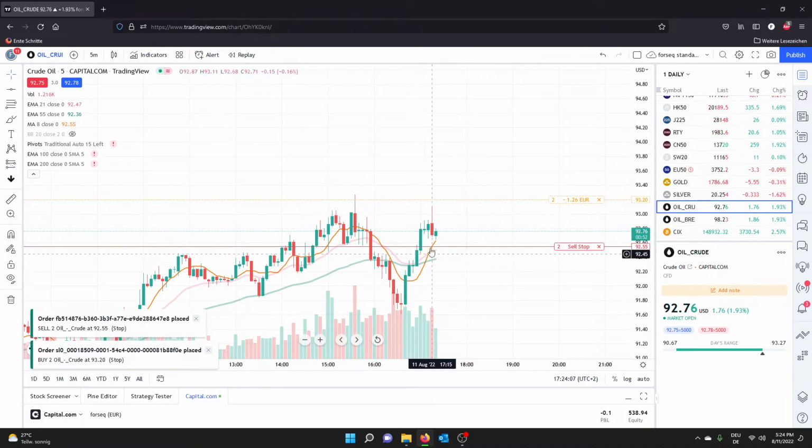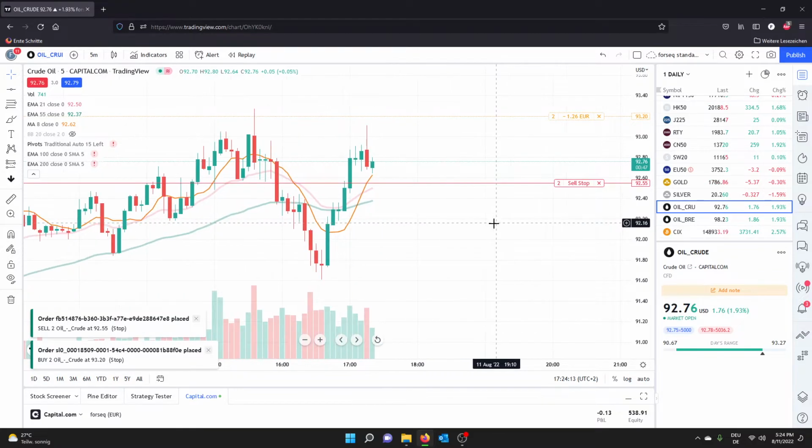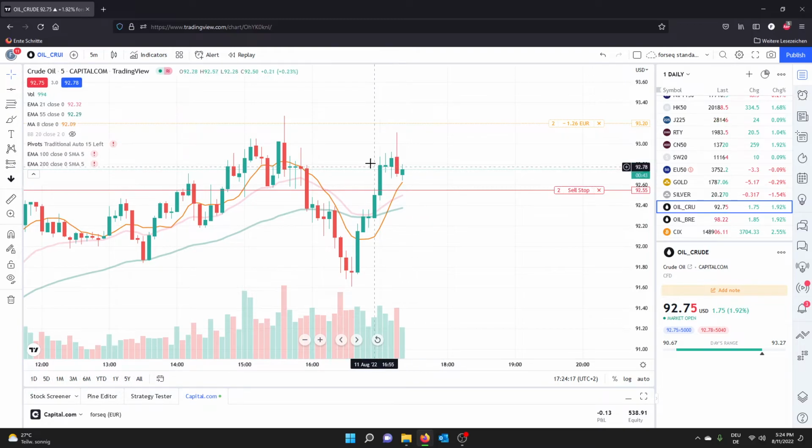Yeah, that's what I wanted to see. So same thing as last time, if our price breaks this level, it will start a trading order, and our target would be somewhere here.